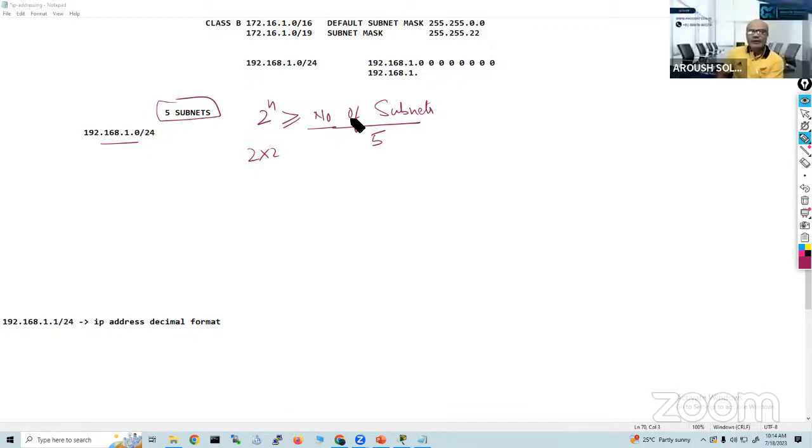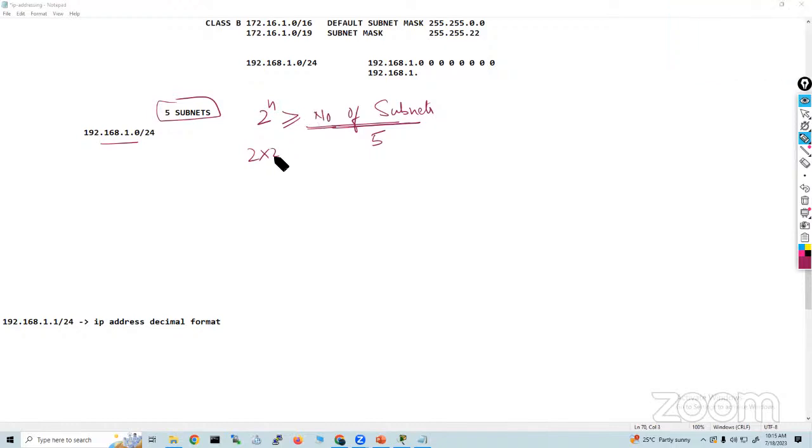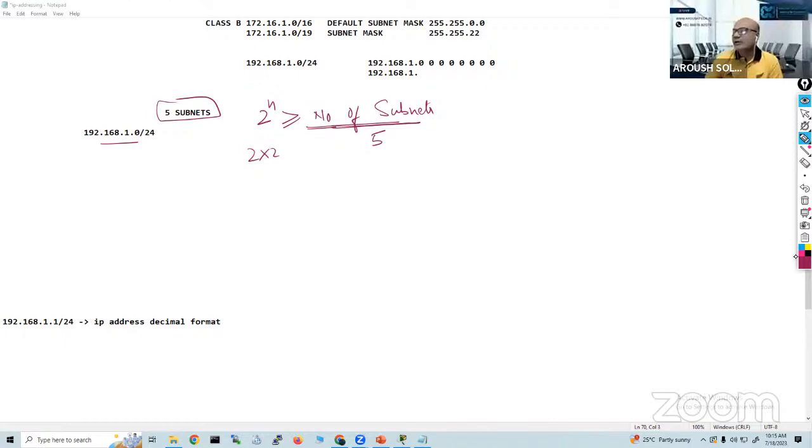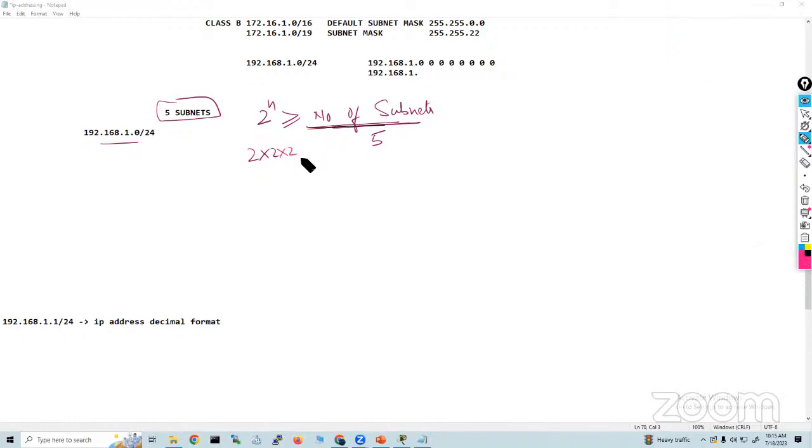Tabrez, you are following me, right? 2 times 2 is not satisfying this formula. It should be greater than or equal, not lesser. 2 into 2, 4 means as per this formula it is not satisfying. Now again 2.